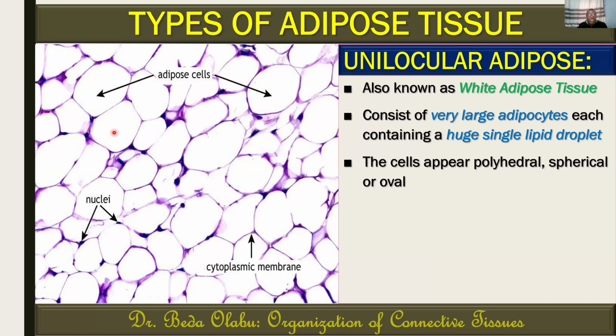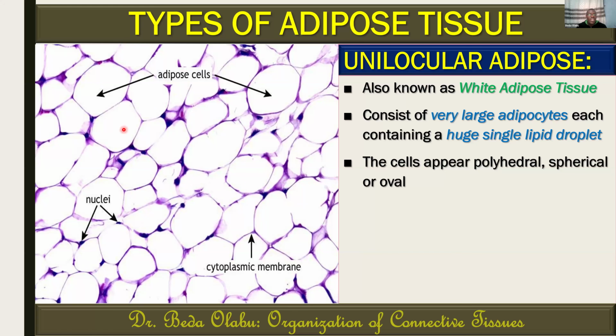The adipocytes of unilocular fat appear polyhedral, as we can see in this one. They may appear spherical or oval, and especially before the fat is removed from them, they could actually be spherical or oval. Remember, once the fat has come out, there'll be some degree of collapsing that would also occur, and so they may take the shape of polyhedral.